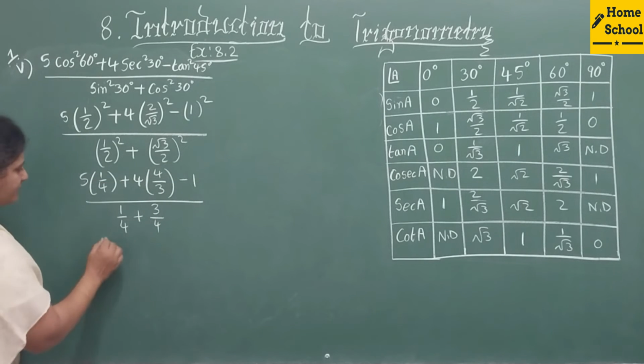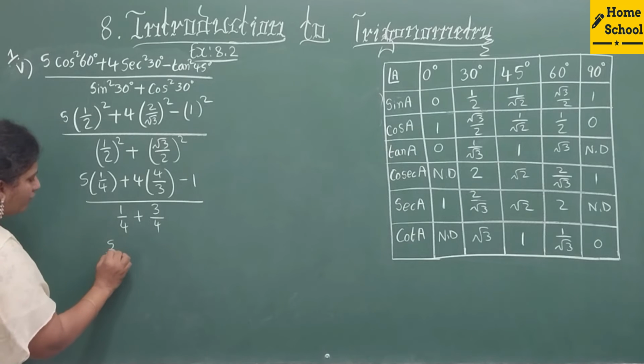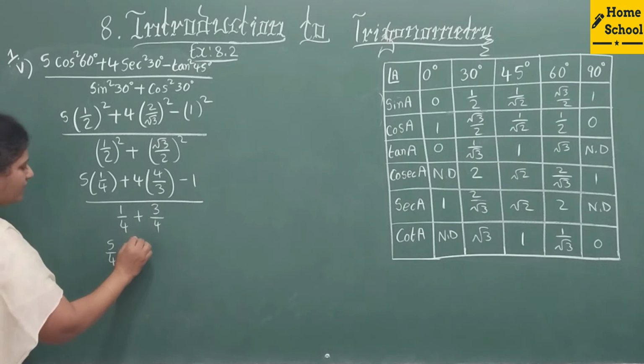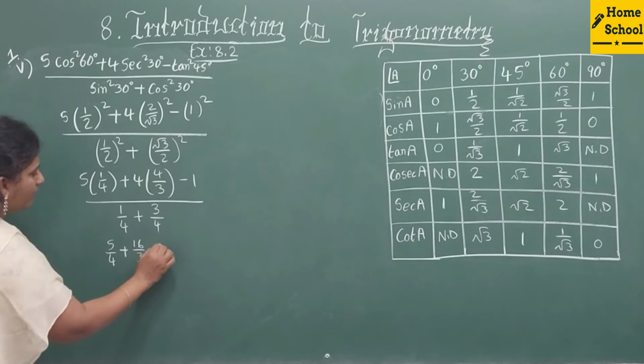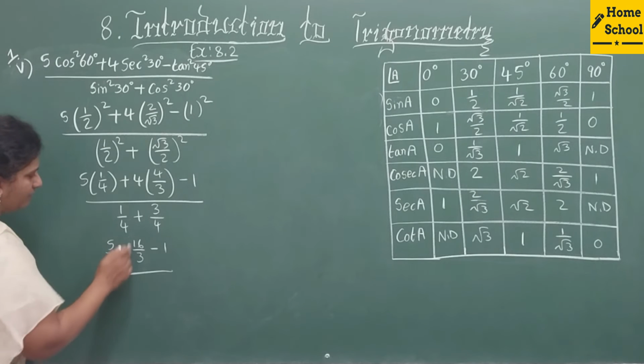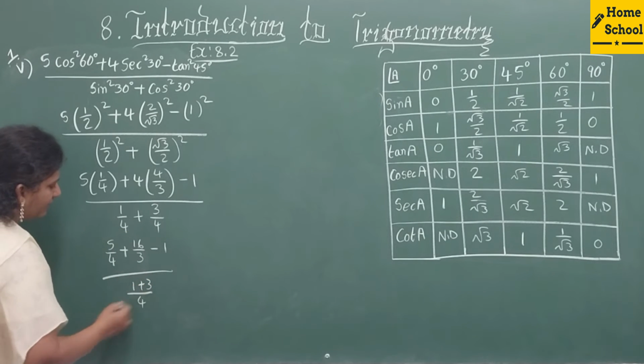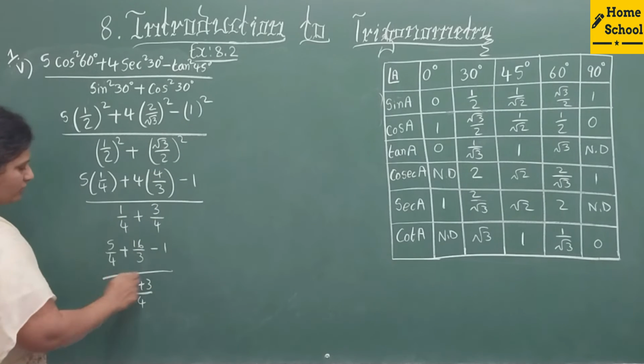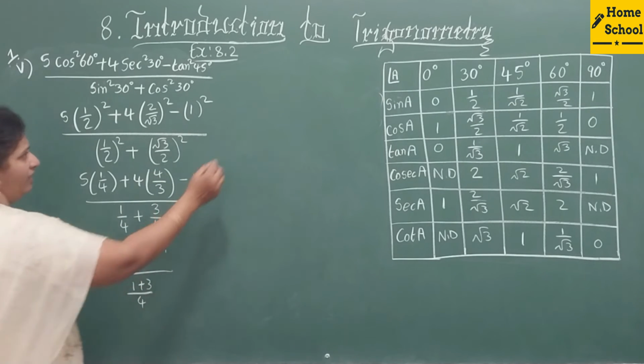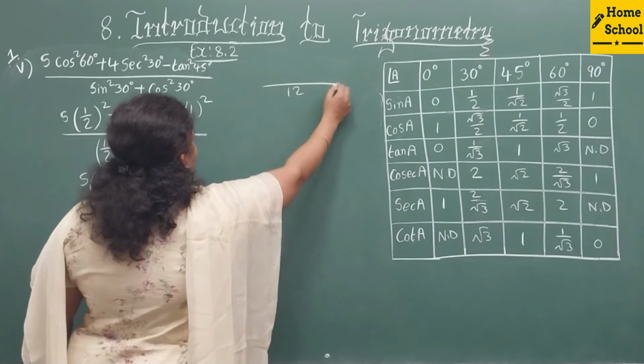Now remove brackets. 5 into 1 is 5 by 4 plus 4 fours are 16 by 3 minus 1, divided by, here these two LCM you do 1 plus 3. Then again numerator also do LCM. 4 3s are 12. Right?